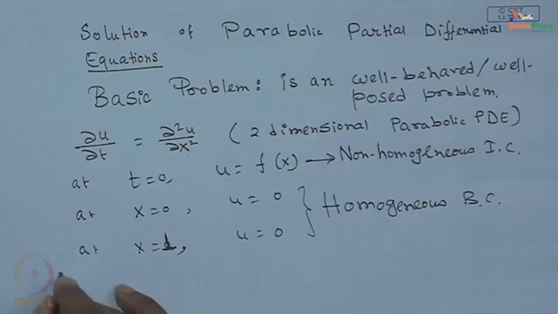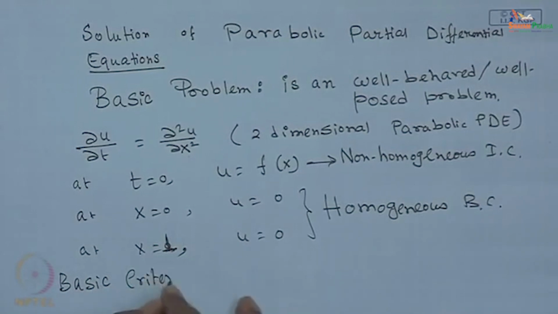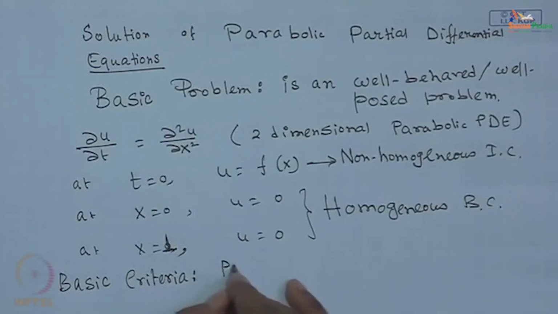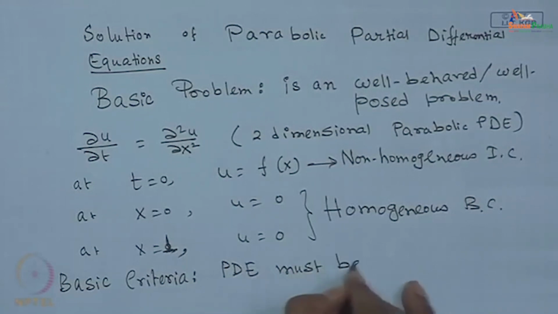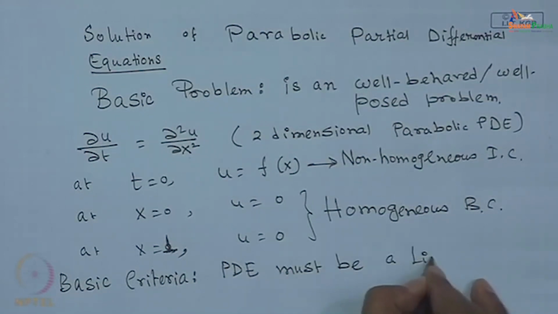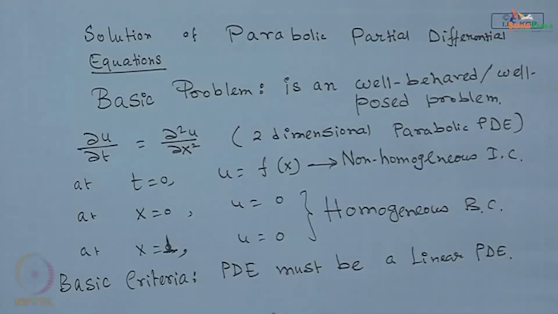The basic criterion is that your governing equation must be a linear partial differential equation, then only one can think of applying the separation of variable method for the solution.